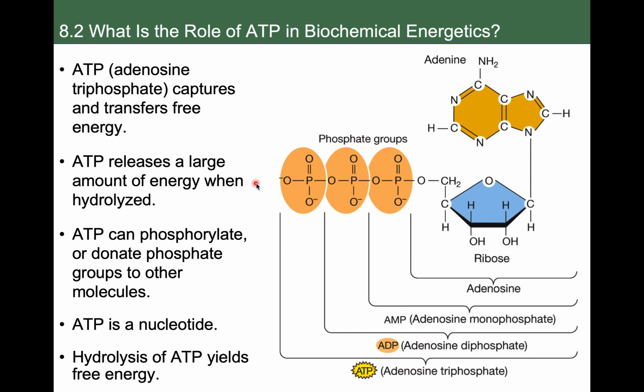We could start with a monophosphate, add a second phosphate to produce diphosphate, add a third to produce ATP. But bottom line takeaway here is ATP is that preferred energy molecule in the cell, and that energy is stored in those bonds between the phosphate groups, and it can be released by breaking one or more of those bonds.